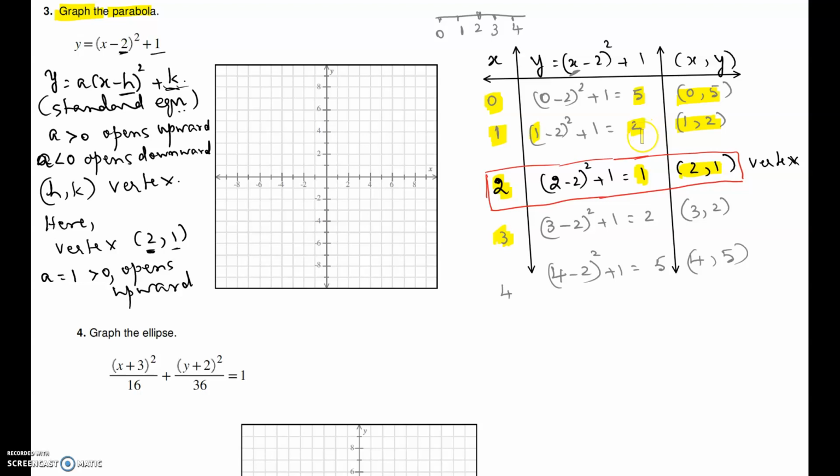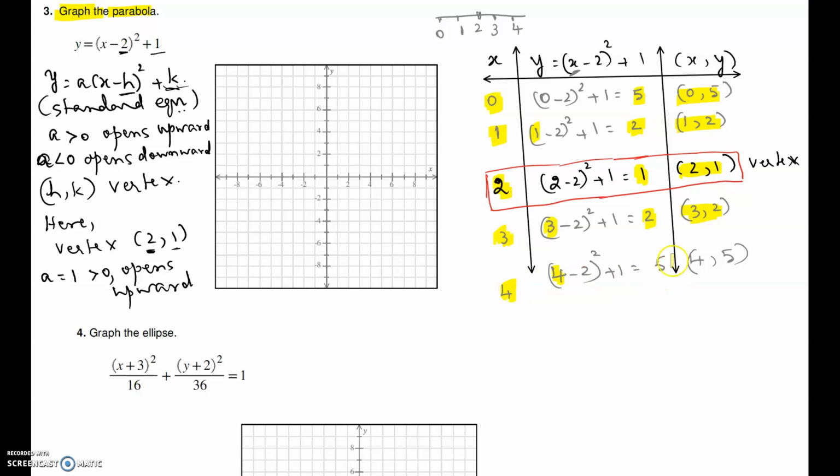If you simplify that, you get the value 2 for y. So if you pair 1 and 2, you get the ordered pair 1, 2. Then for 3, it's 3 minus 2 the whole square plus 1. You get 2. So 3, 2 is an ordered pair. Plug in 4. So you get 4 minus 2 the whole square plus 1.